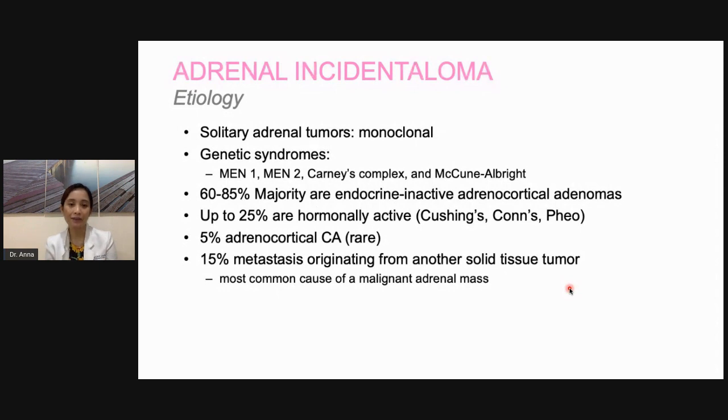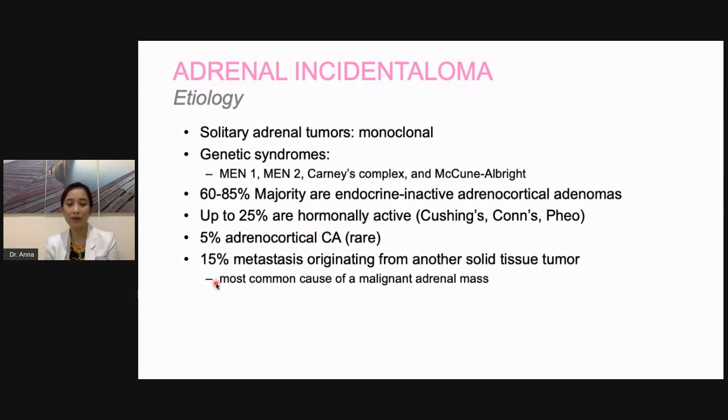But still, up to 25% are hormonally active, either Cushing's syndrome or Conn syndrome or a pheochromocytoma. That's why it's important to work up any patient presenting with an adrenal incidentaloma because they have the potential to be hormonally active. In very rare instances, you can have adrenocortical carcinoma.